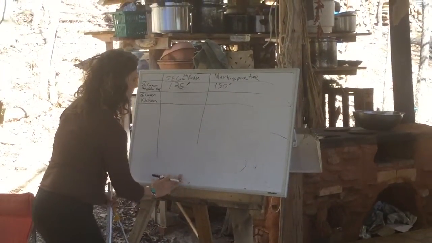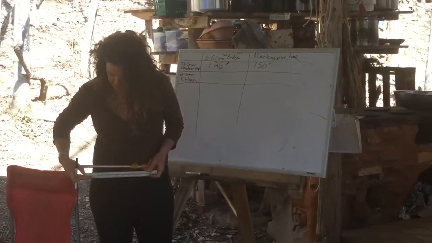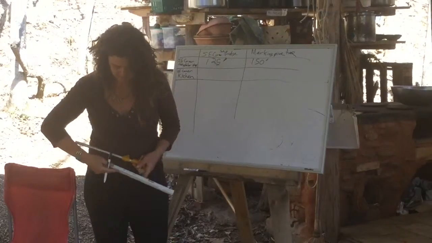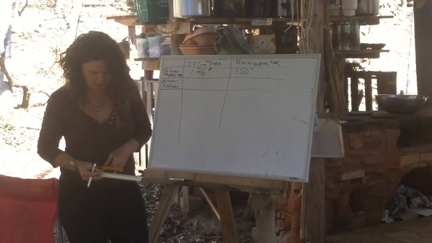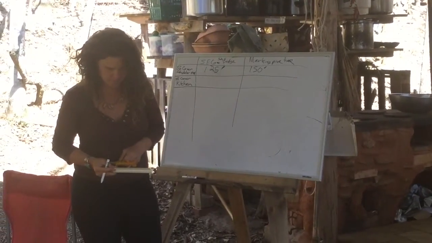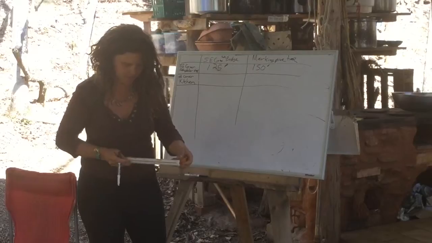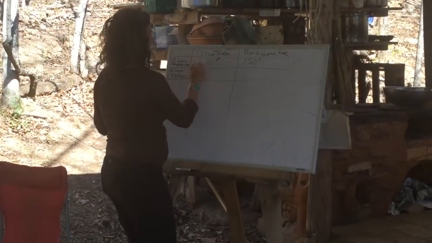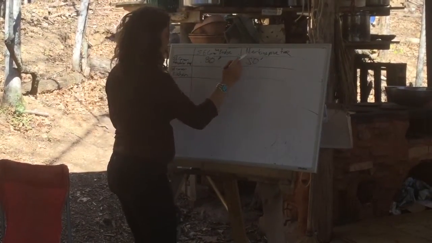I'm going to use the 1 inch equals 10 part of this. That might be a little long for this. Let's say this is 80 feet, and this is 50 feet.